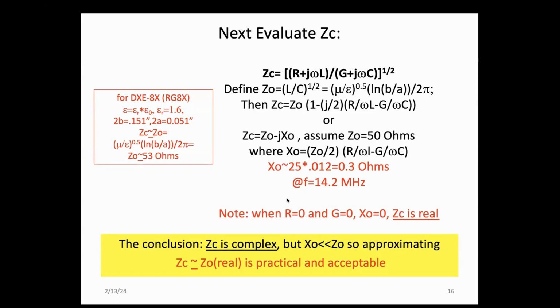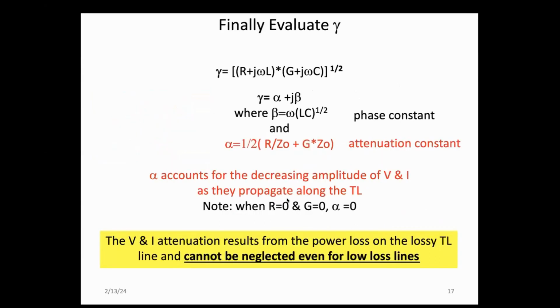But note that when R is equal to 0 and G is equal to 0, that reactance goes to 0. So again, it reinforces our understanding that without the conductor loss and the dielectric loss, the characteristic impedance would be real.